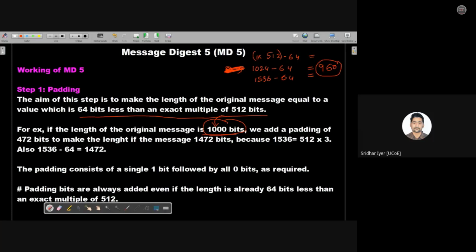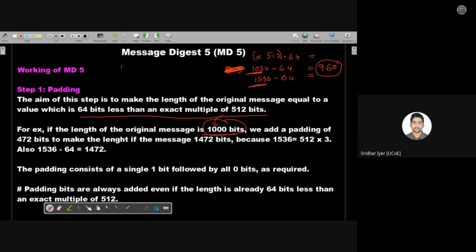according to the algorithm, we have to make sure that the length of the original message should be equal to a value which is 64 bits less than an exact multiple of 512. Now in this case, the first exact multiple of 512 is 512. The second multiple of 512 will be 1024. Next will be 1536 and so on.